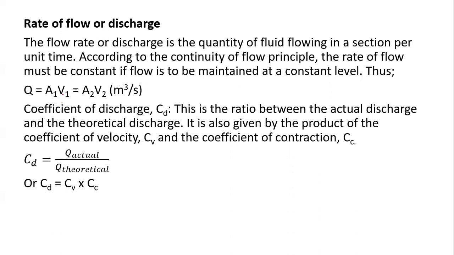But how the continuity principle comes in is, for example, if I have this section and then suddenly I have that going to a smaller section like that, there's a transition between the two.